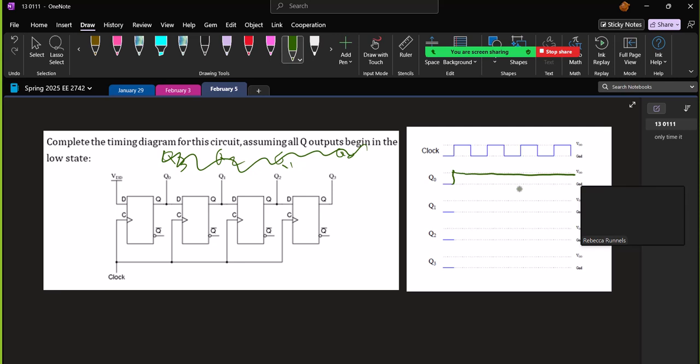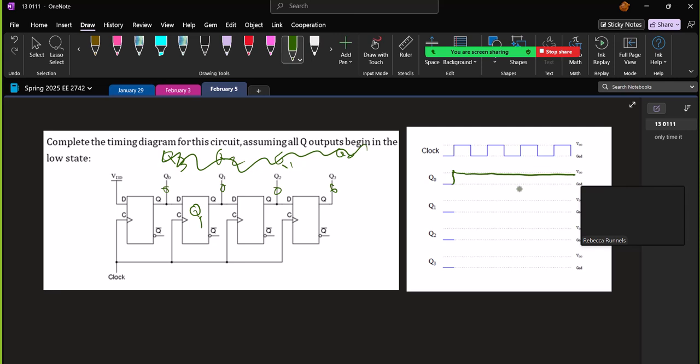Okay, so when we look at this one, which is Q1, when it gets to the first clock edge, what is its input? We started with all of these being 0. So the first flip-flop hasn't had a chance to change to 1 yet.